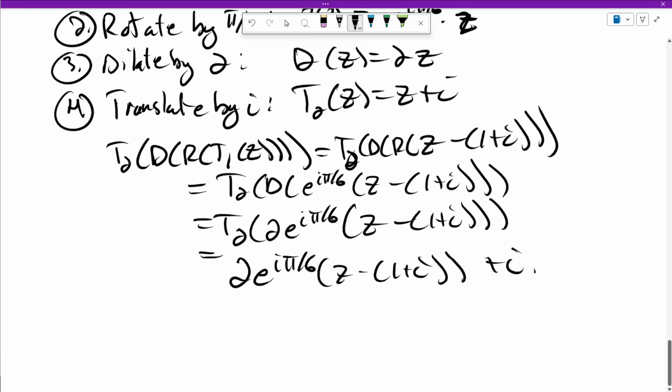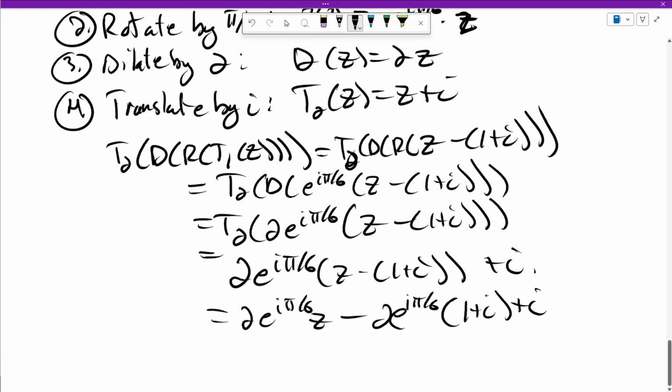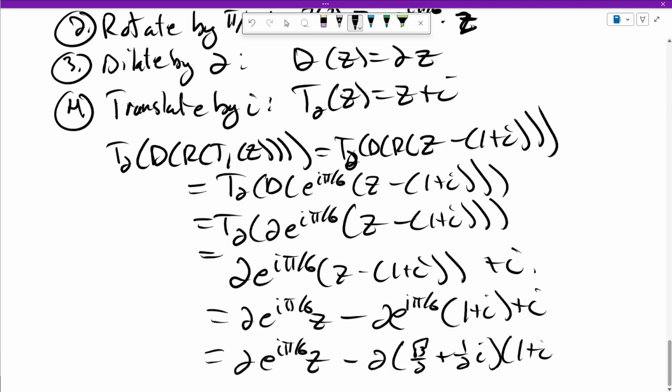Now, this isn't quite written as an affine mapping just yet. So we'll get 2 e to the i pi over 6 z minus 2 e to the i pi over 6 times 1 plus i. And e to the i pi over 6, I'm going to leave that first part alone, but to make the second part look a little bit better, we could rewrite this, of course, as root 3 over 2 plus 1 half i times 1 plus i.